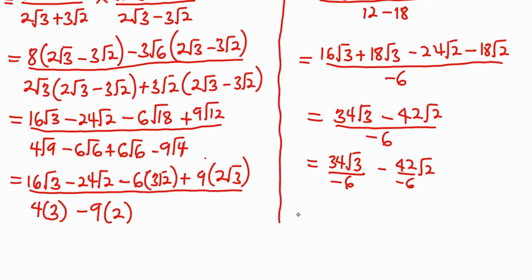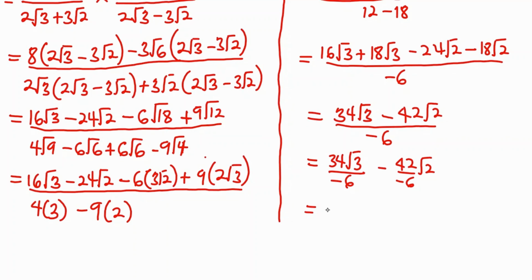Now we continue, and here we can see that 34 divided by minus 6 gives us minus 17 on 3, and then we attach root 3. Minus 42 divided by minus 6 gives us plus 7, and then we attach root 2.